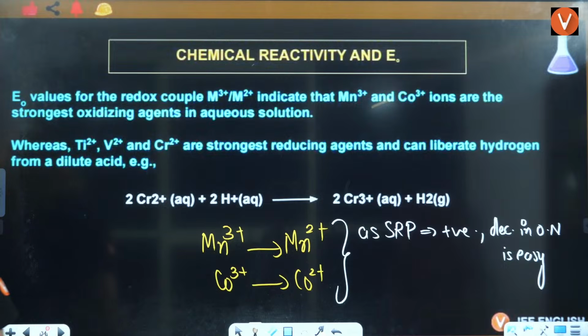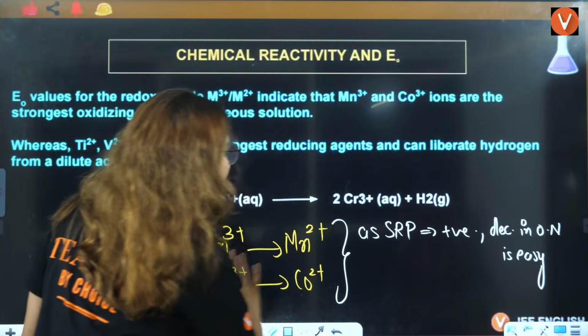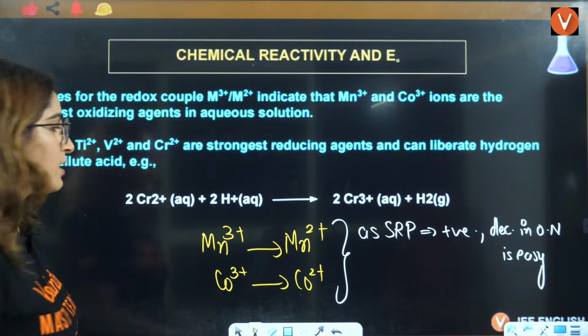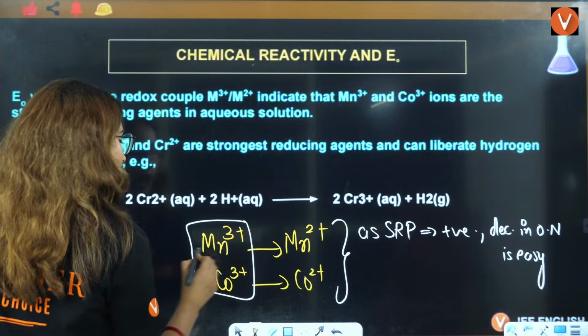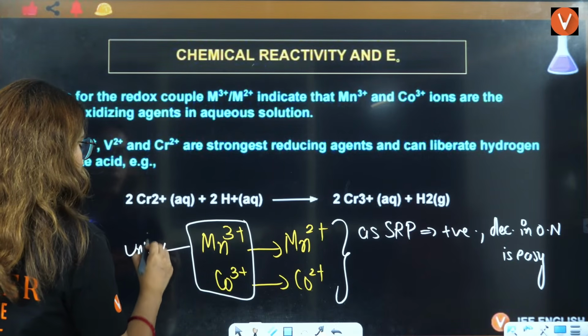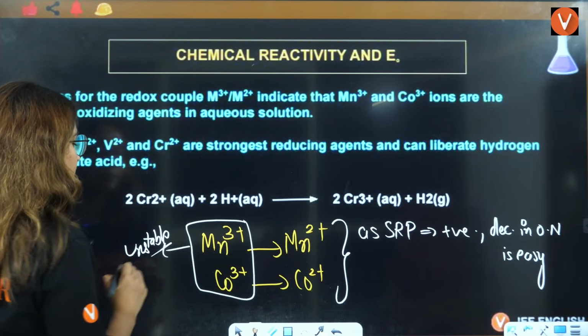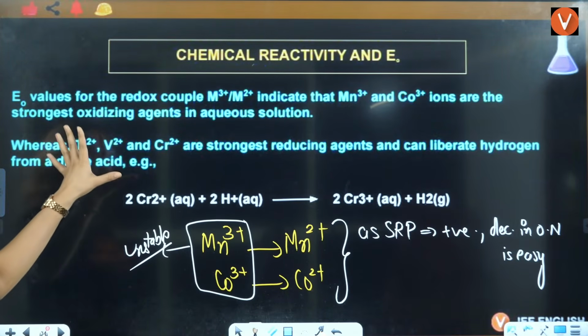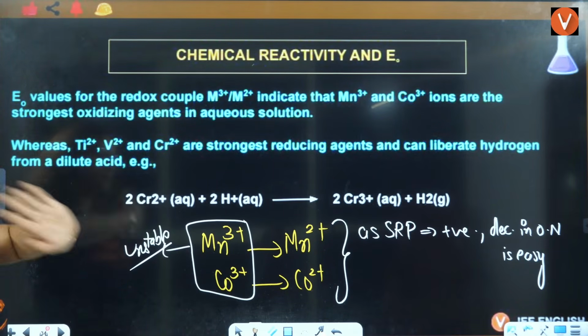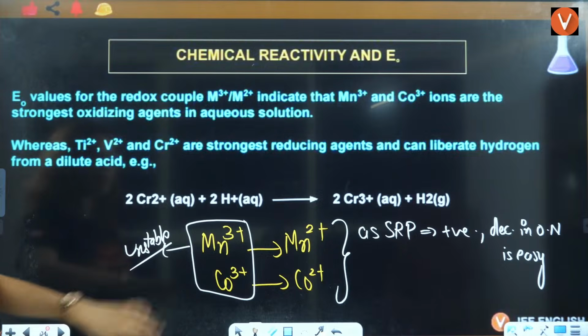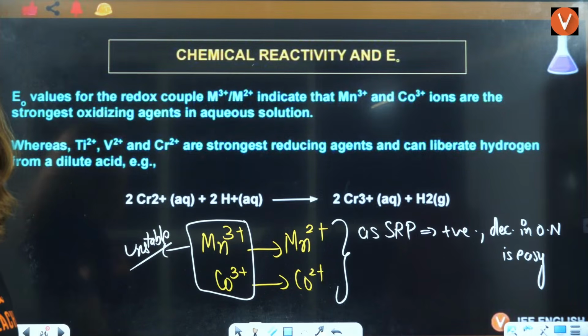Understood? That means these two are unstable. This particular conversion is very easy, so this is unstable, this is stable, right?